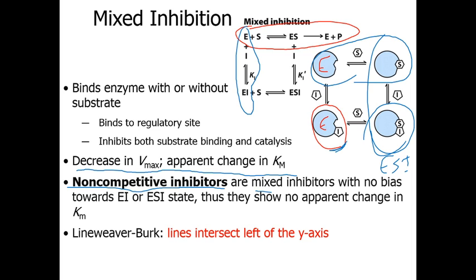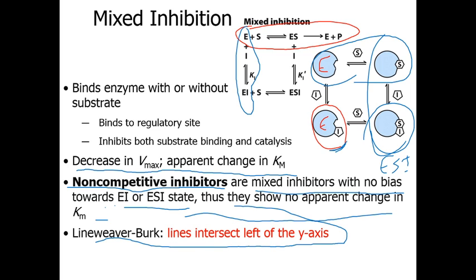They are mixed inhibitors with no bias towards the EI or ESI state, and thus show no apparent change in Km. The way you can differentiate in a plot is that in a Lineweaver-Burk plot, the lines intersect left of the y-axis. Let's see how that happens.